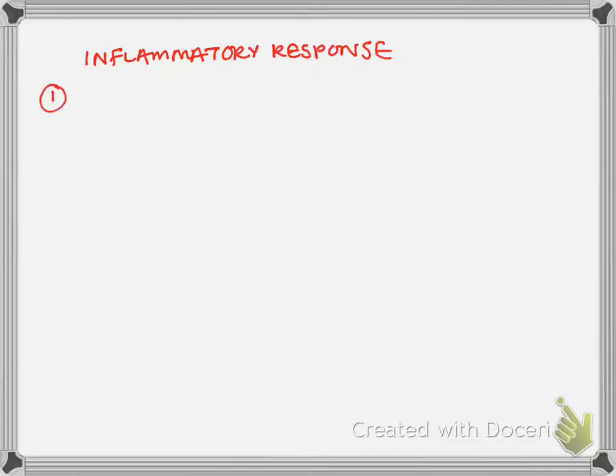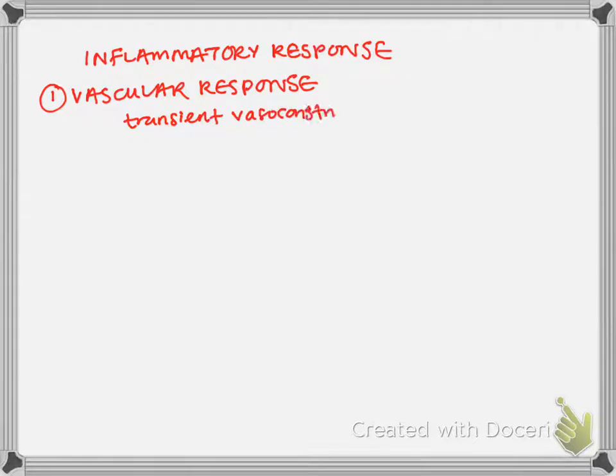First, we have a vascular response. In a localized area, there's transient, meaning temporary, vasoconstriction. Your endothelium releases something called thromboxane, which causes a super vasoconstrictive response.